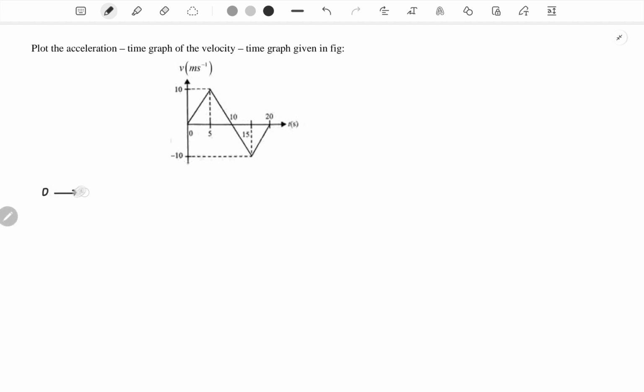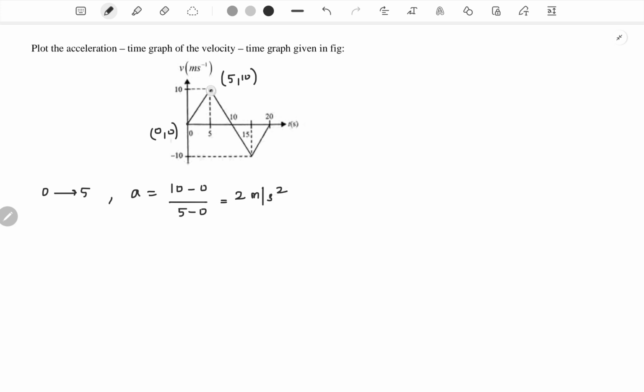Now 0 to 5 seconds, acceleration is going to be the slope of this particular line. If you plot the points, 0, 0, and this point has coordinates of 5, 10, then it would be y2 minus y1 divided by x2 minus x1, which is 2 meter per second square.